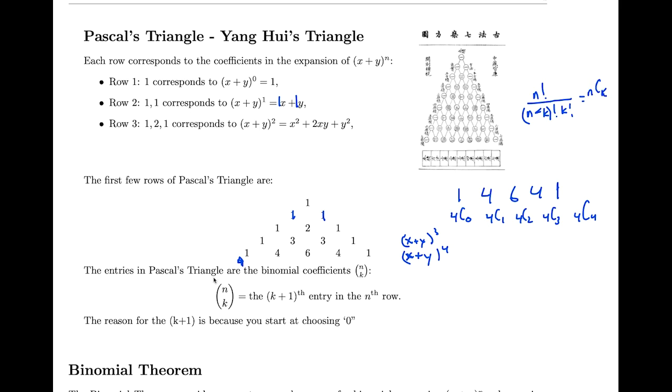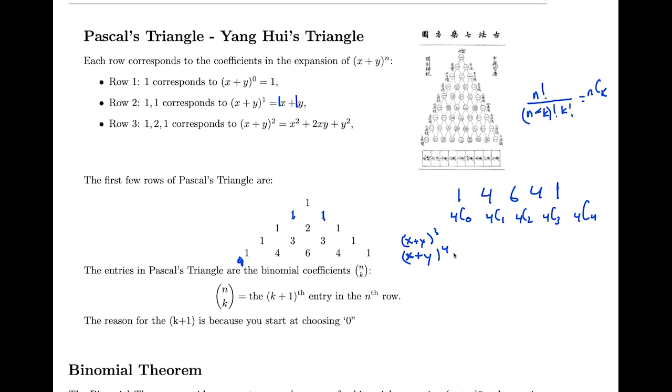And we might be asking, well, the (k + 1)th entry in the row, what does this mean? Well, because we have the exponent 4, but you're actually starting with choosing no y, that's why it starts at 0. So 0, 1, 2, 3, 4, and that's why there are 5 entries in the expansion with the exponent equal to 4.